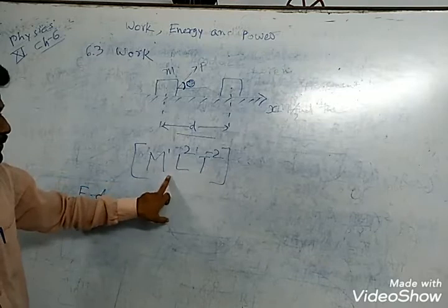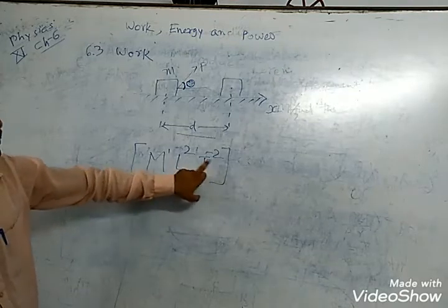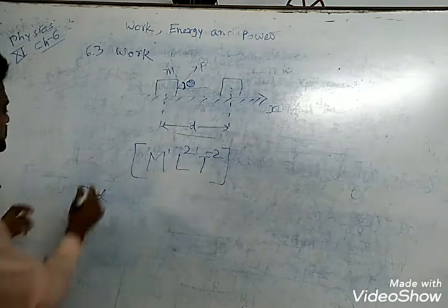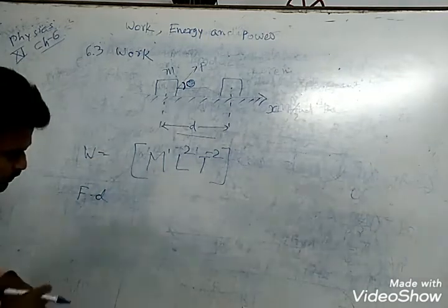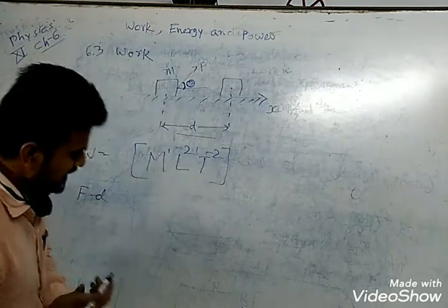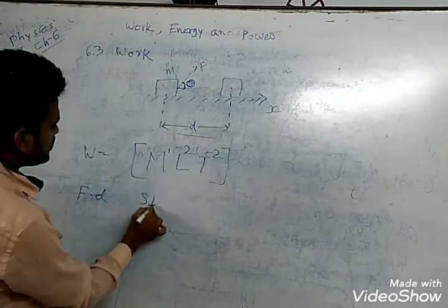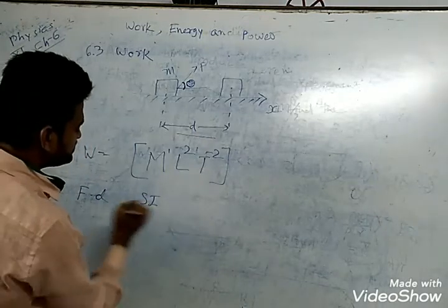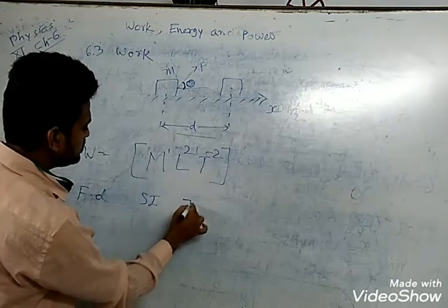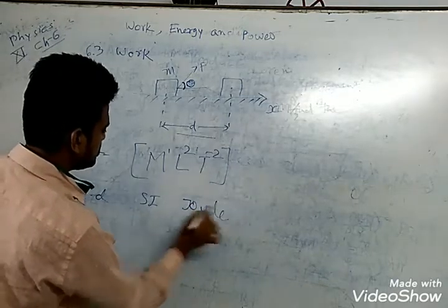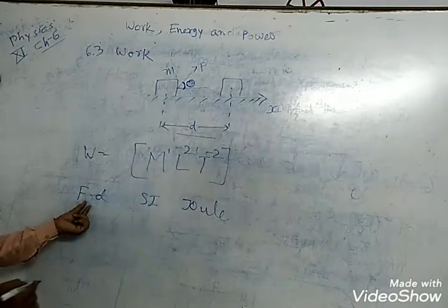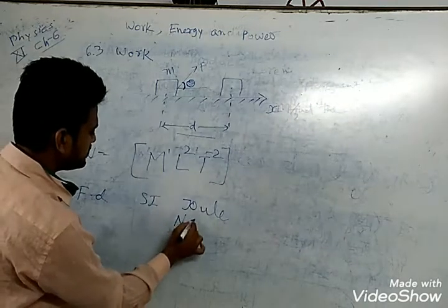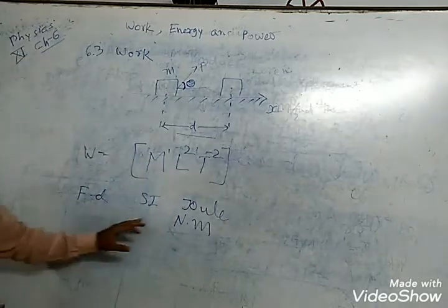So this gives M1 L2 T minus 2 for work W. The SI unit of work is joule, which is also newton into meter.